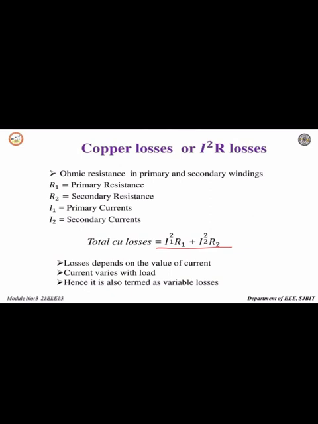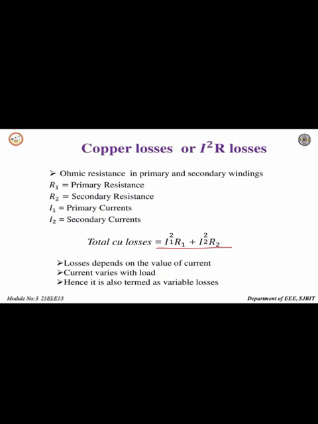Here the loss mainly depends on the value of the current flowing through the windings, so it is dependent on the load. Whenever a load is present, current flows through the circuit. Whenever we connect a higher load, the current flowing through it will be more, so the losses will be more.